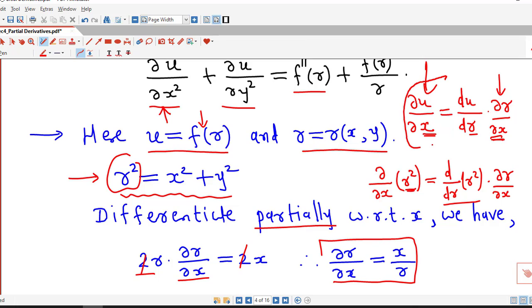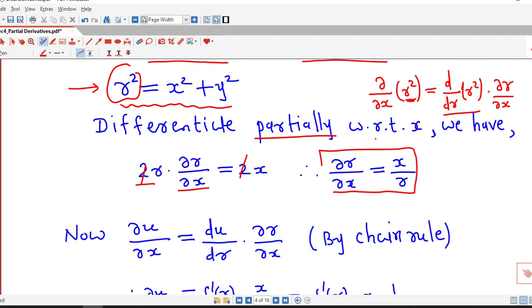Now we find del u by del x. So by chain rule, del u by del x is du by dr into del r by del x, because u is directly a function of r. So first we differentiate u with respect to r, and in the product we write the partial derivative of r with respect to x.